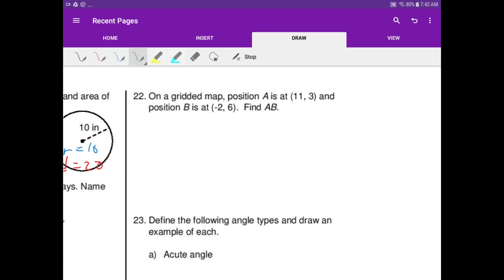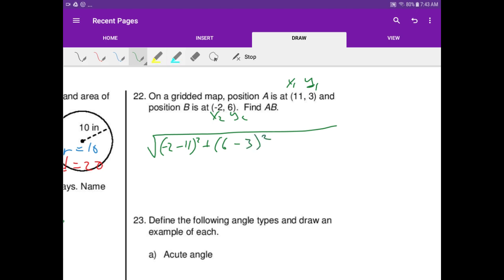A is 11. Find AB. It's the distance formula. x1, y1, x2, y2. So it's going to be the square root of, where's the distance from? It's over there. So it's x2. So -2 minus 11 squared plus 6 minus 3 squared.